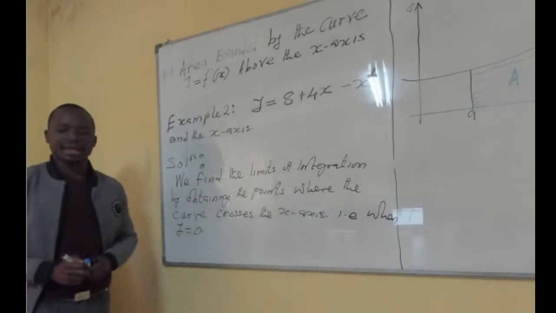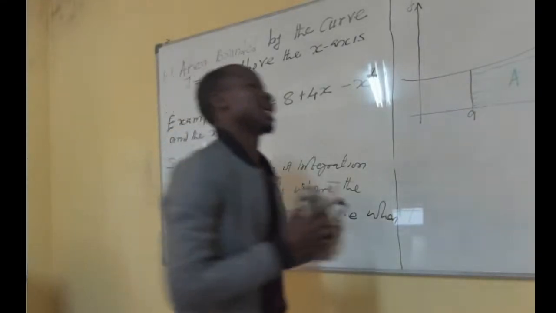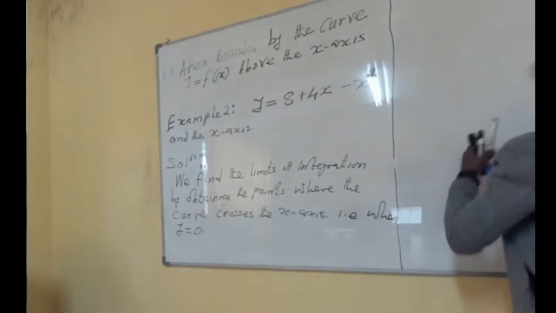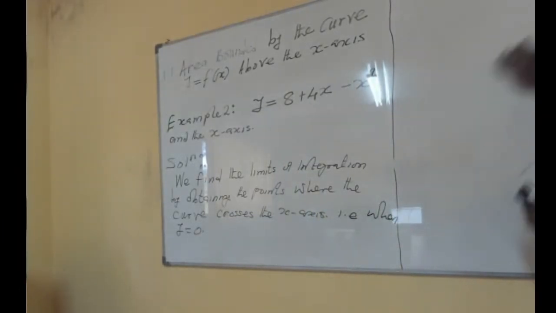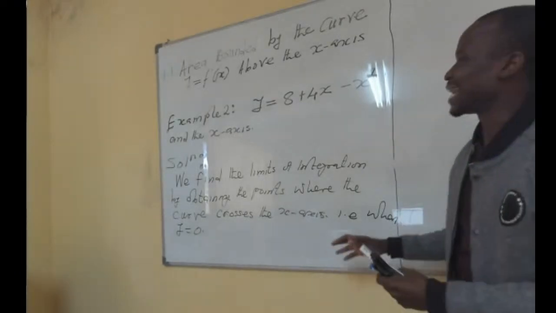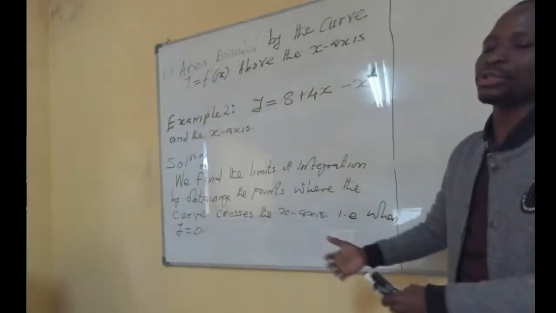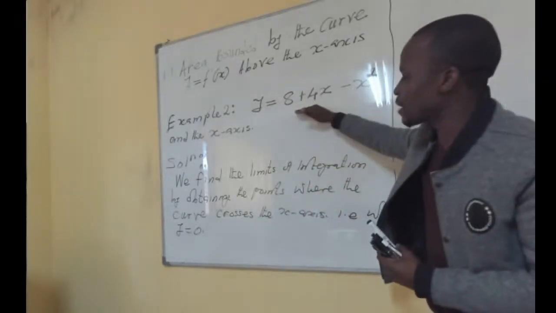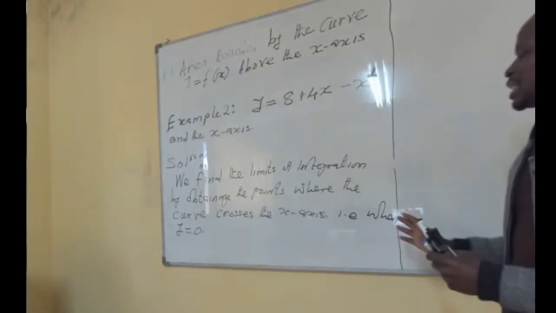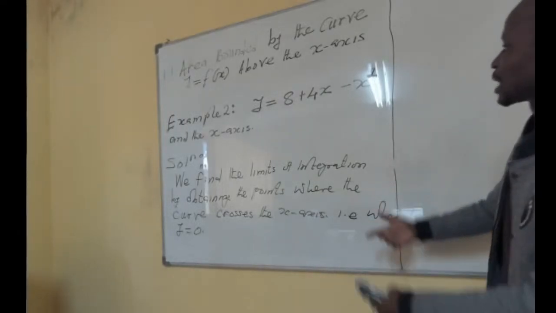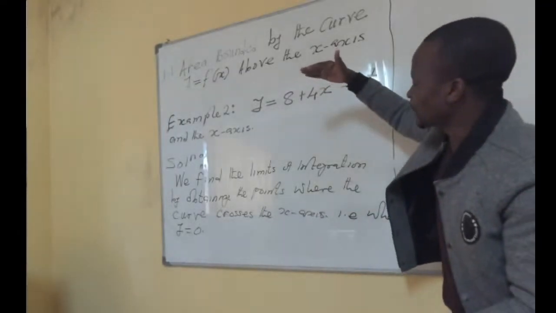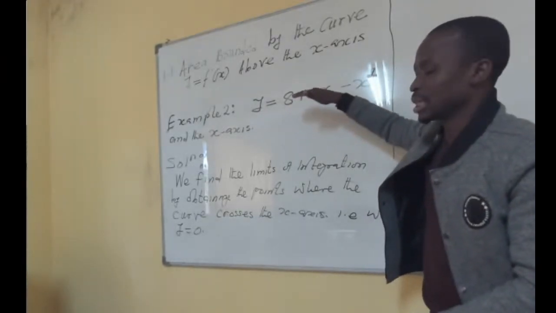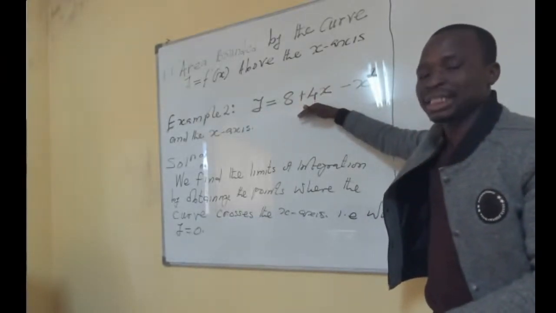Basically, when you want to calculate the area bounded by the region and the x-axis, what they're asking you is to find the definite integral of that curve within those limits. To find the limits of integration, you need to find the x-coordinates at which this curve meets the x-axis.